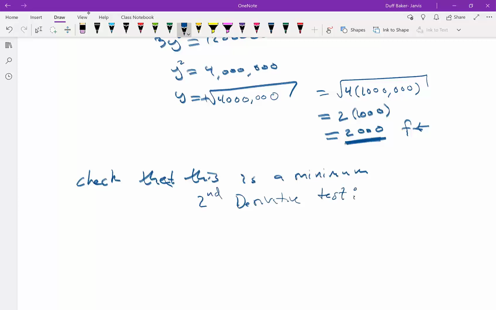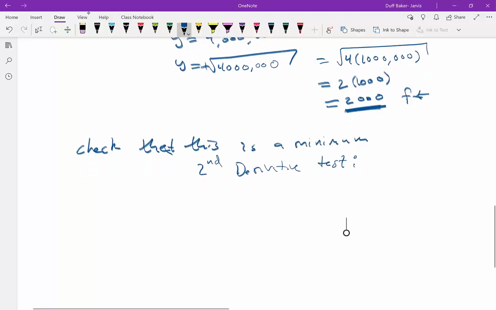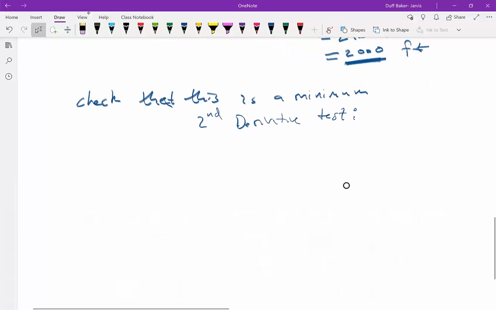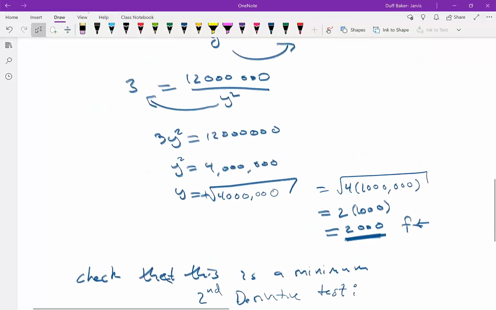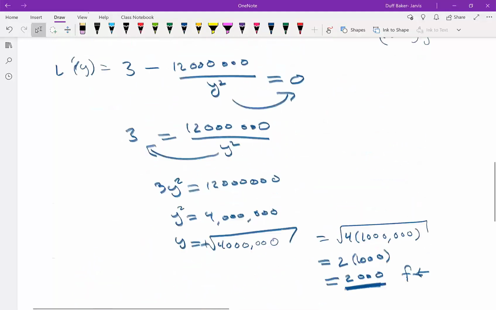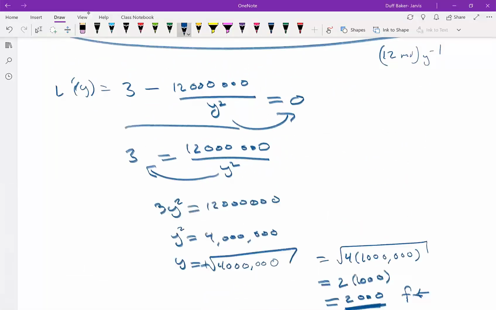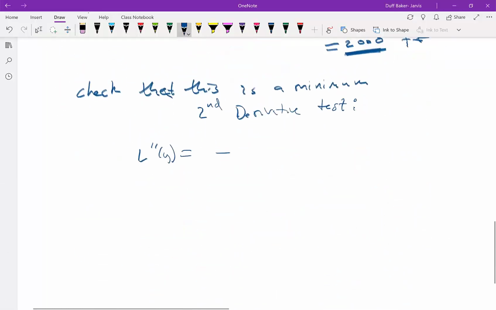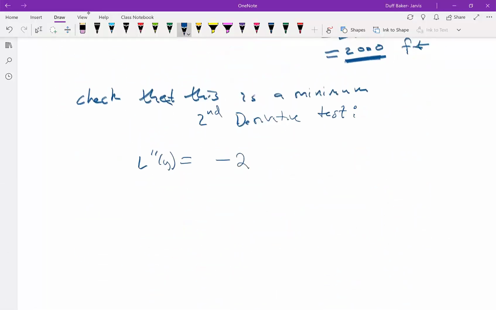So the second derivative test would say that if we take L double prime, so if you look back up, what was L? L was 12 million, it was this thing. So the derivative of 3 will be 0, and then the derivative of the other one, you'll get an extra factor of 2, because it's like y to the minus 2.